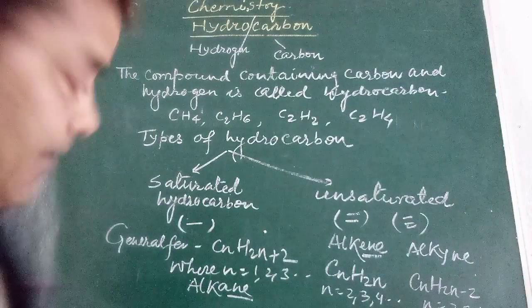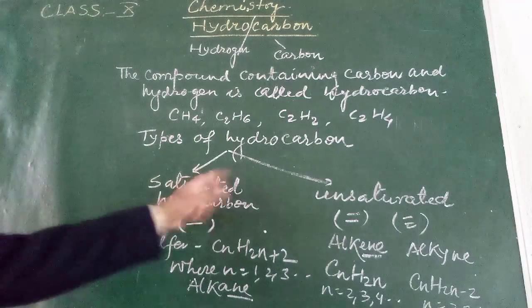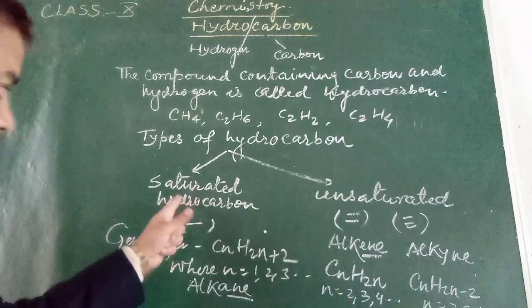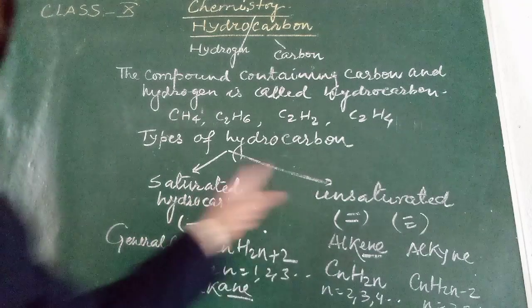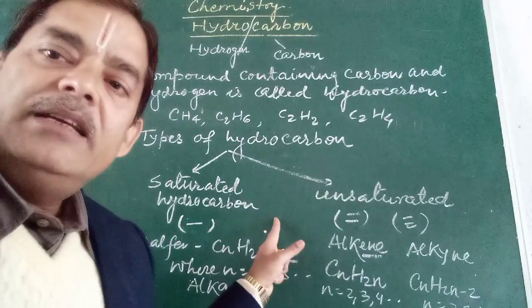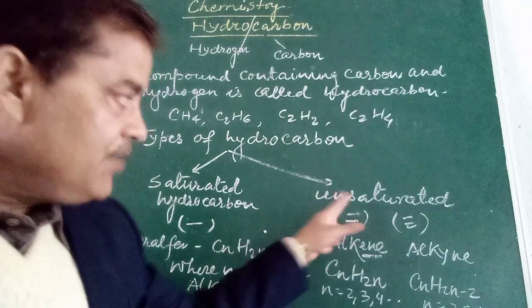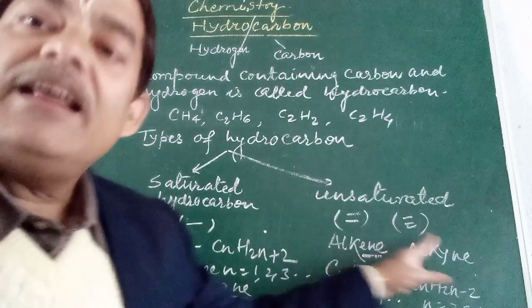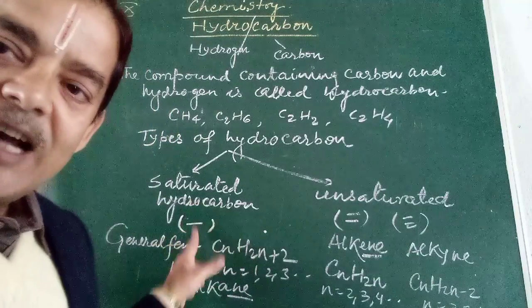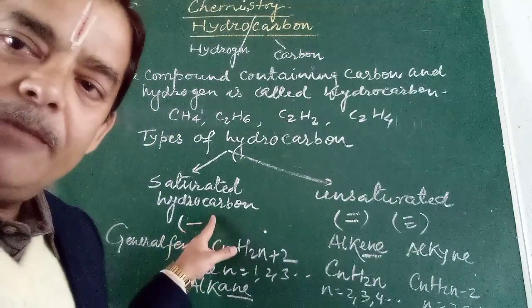Now, it is clear that there are two types of hydrocarbon, that is saturated hydrocarbon and unsaturated hydrocarbon. Saturated hydrocarbon is known as alkane, unsaturated hydrocarbons are alkene and alkyne. In alkane, each carbon atom is joined by single covalent bond.